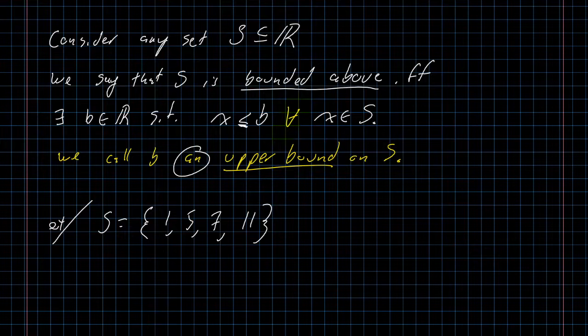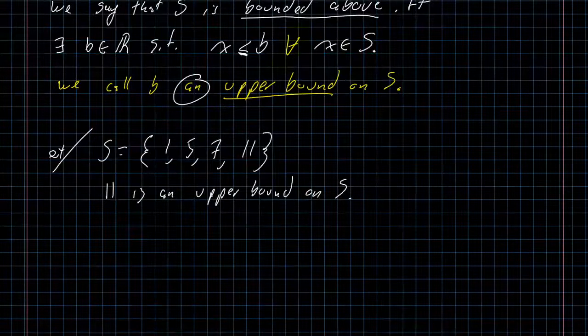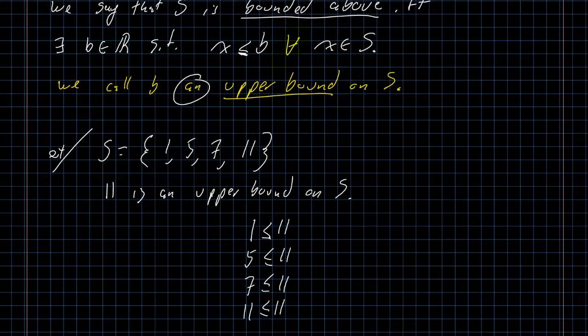And that's important here, because the number 11 is an upper bound on S. S is a very small set, we can show that by exhaustive proof, right? 1 is less than 11, 5 is less than 11, 7 is less than 11, and since 11 is equal to 11, it is in fact true that 11 is less than or equal to 11.